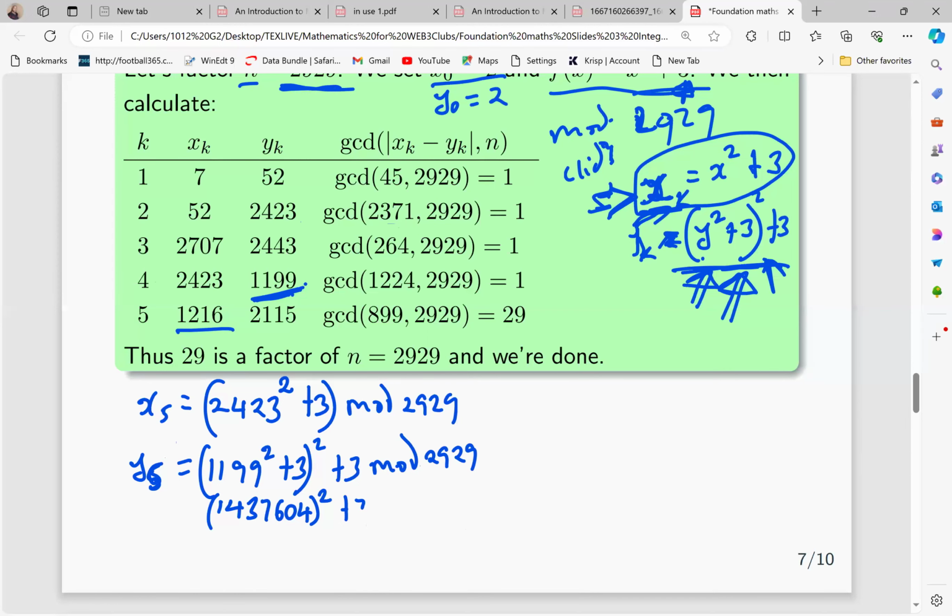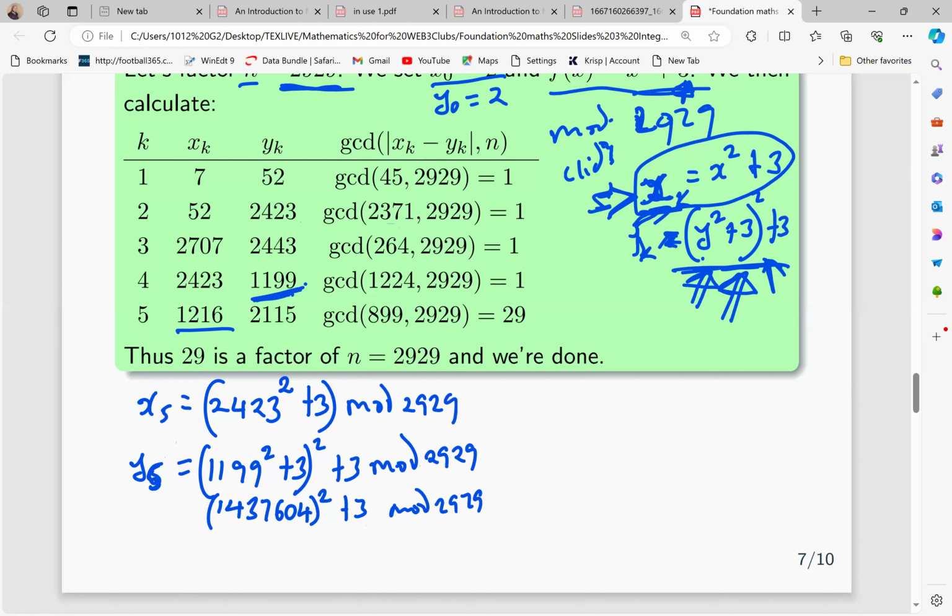But this number is very huge. The calculator may have failed to accommodate the square. Let's just reduce it first of all. Divided by 2929, it goes there 490 times. What is the remainder?